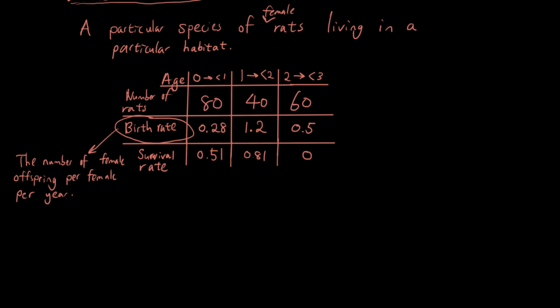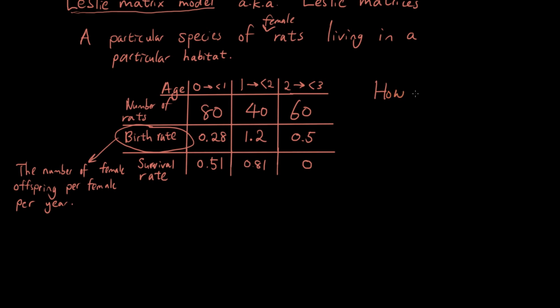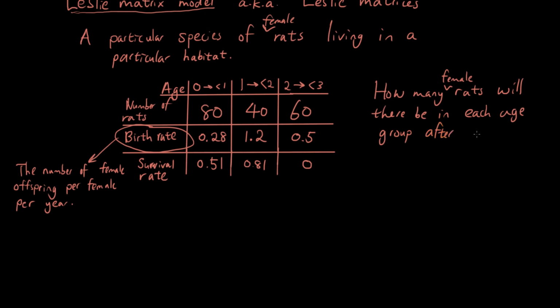What the Leslie matrix allows us to do is, for example, ask the question: how many female rats, because this only works for females, will there be in each age group after n years? N can be any number.